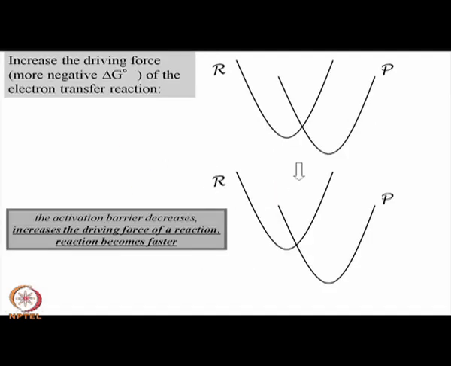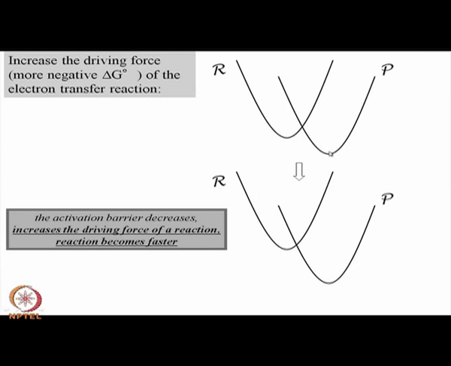Okay. So, if we increase the driving force, what is going to happen? Increasing the driving force means more negative delta G. More negative delta G means here your delta G 0 was like this much.